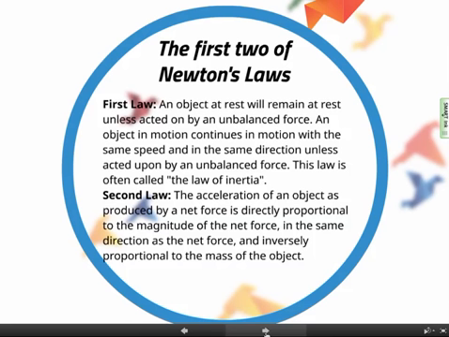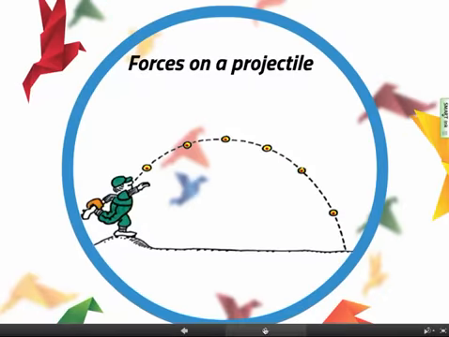But vertically, because there is a force, Newton's second law says that the acceleration of the object will be directly proportional to that force, resulting in an acceleration of 9.81. So, vertically, the object accelerates at 9.81 meters per second squared. Horizontally, it accelerates at 0 meters per second squared.